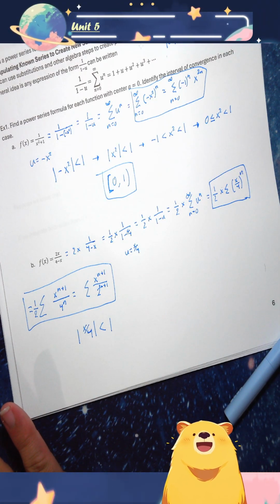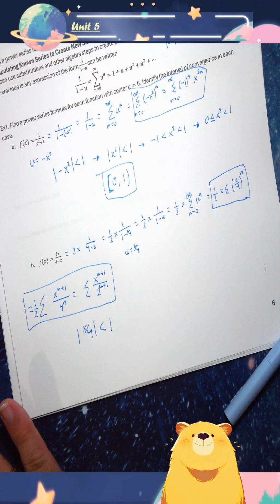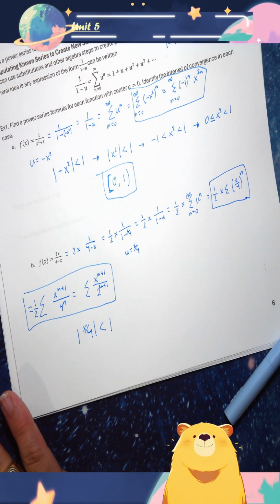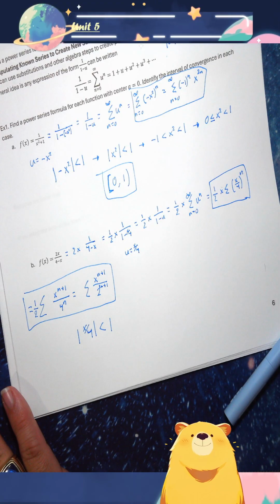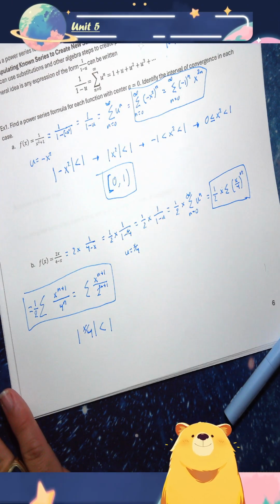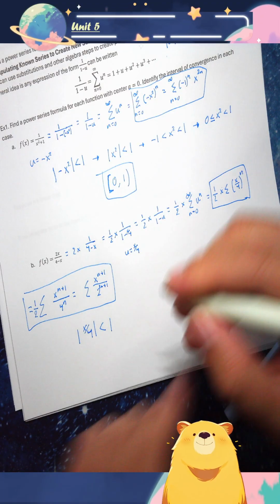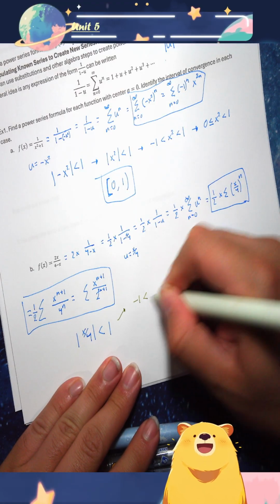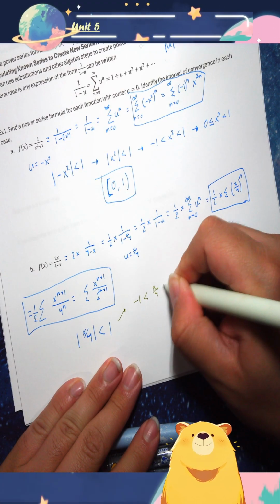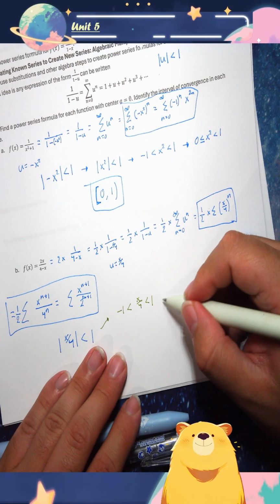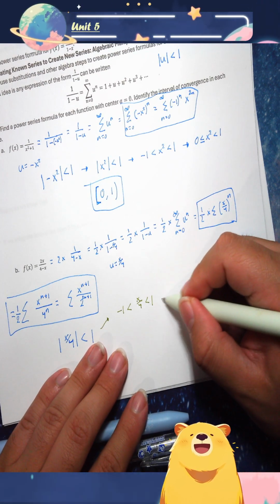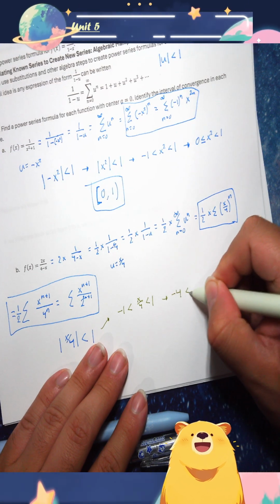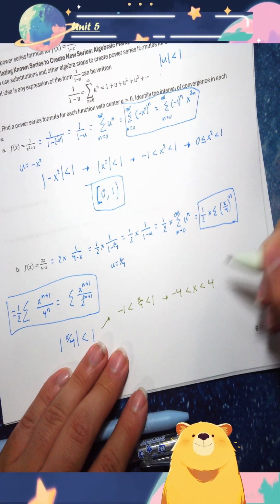But you still should get the same interval no matter what you do. If you just do the split already, you'll get -1 is less than x over 4 is less than 1. And then you just multiply by 4 to get x by itself. You'll get -4 is less than x is less than 4.